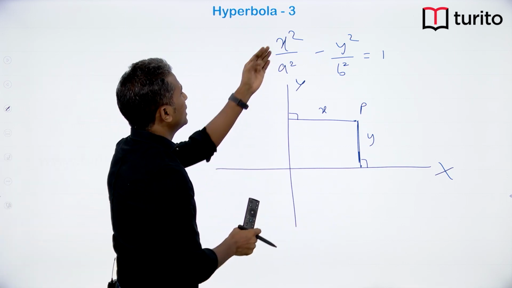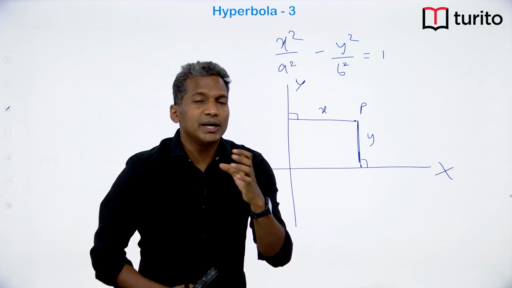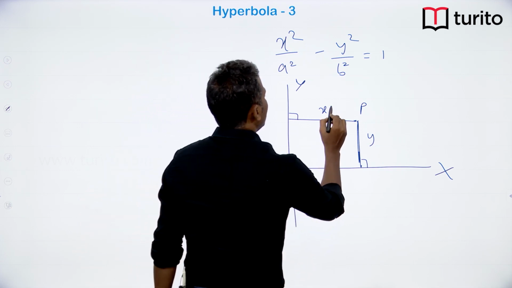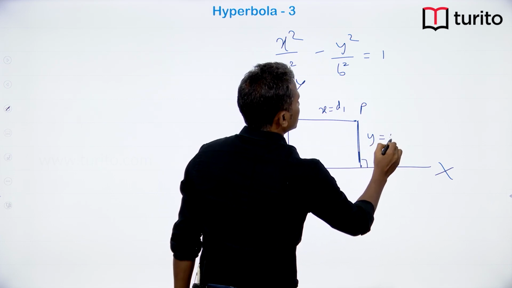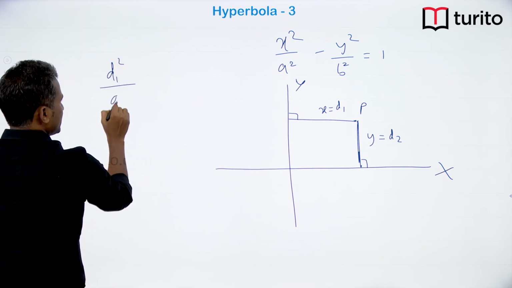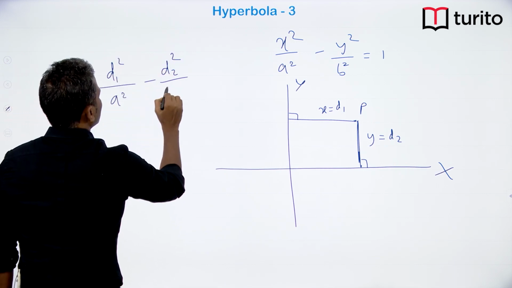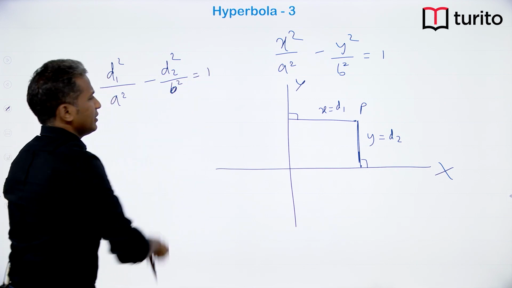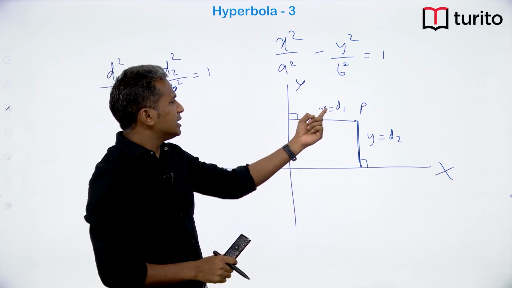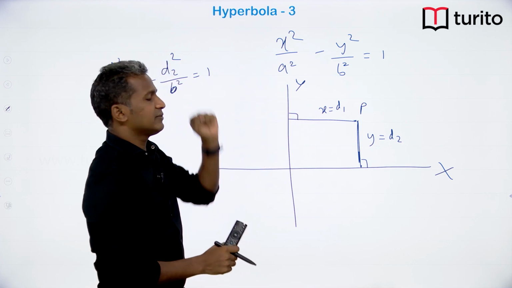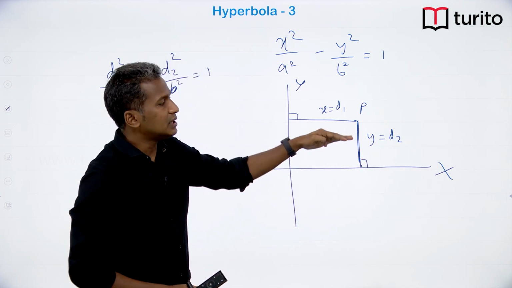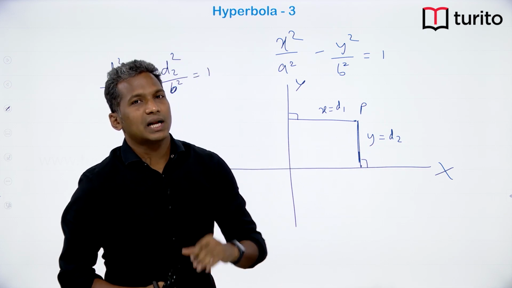So, here we can relate these x and y with perpendicular distances from two mutually perpendicular lines. Let us name these d1 and d2. Then d1 square by a constant minus d2 square by a constant will always give us one hyperbola. If you take d1 with positive sign, then the other line becomes the main axis, that is the transverse axis.